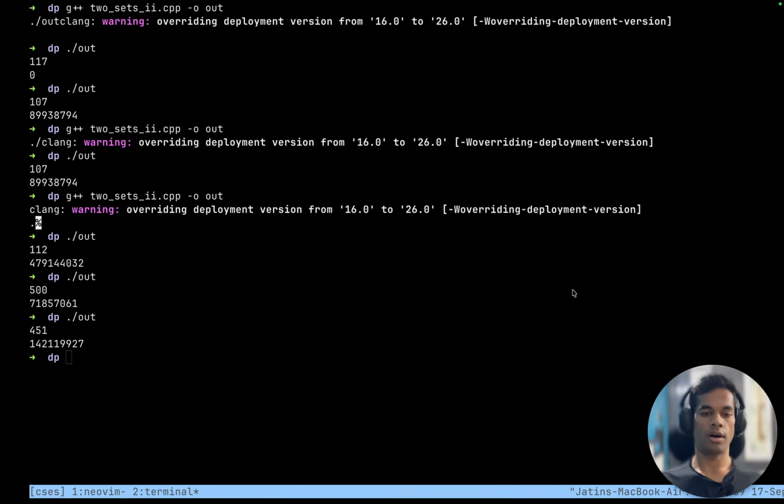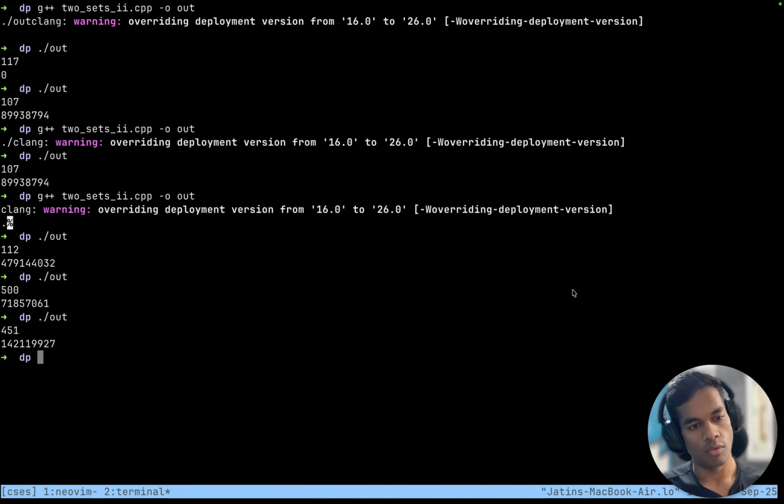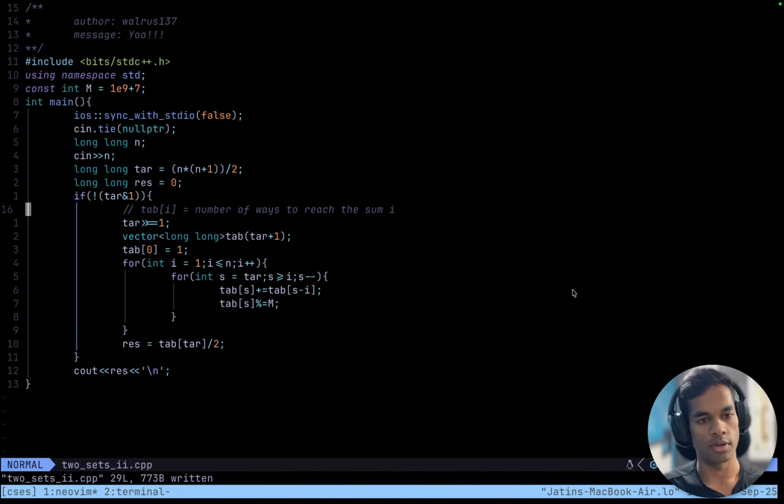Okay, why am I getting a wrong answer then? When I am checking if it is even, and if it is even, we divide this number by 2 and we do our thing.